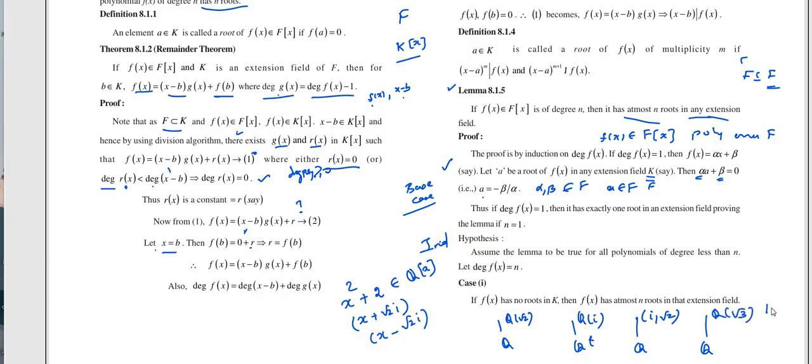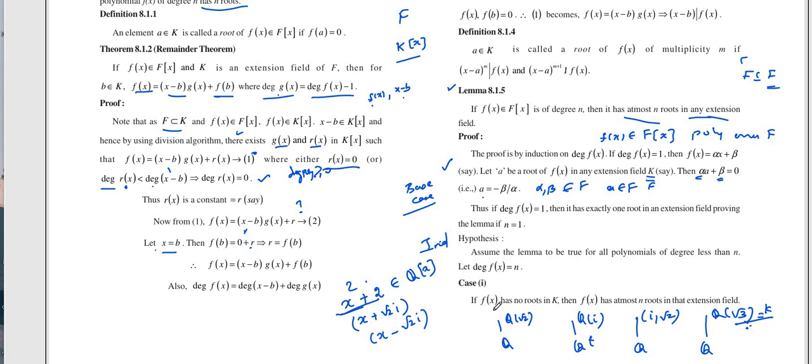So k is taken as any extension, which means if this is my polynomial, it does not have any root in this extension. So you have just mentioned that k is any extension.